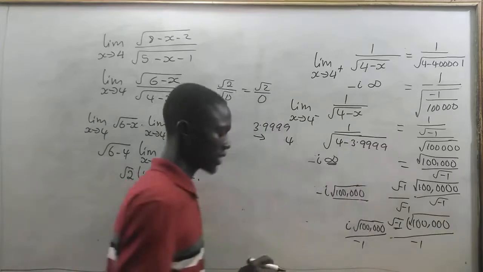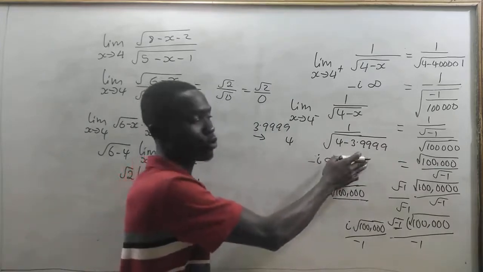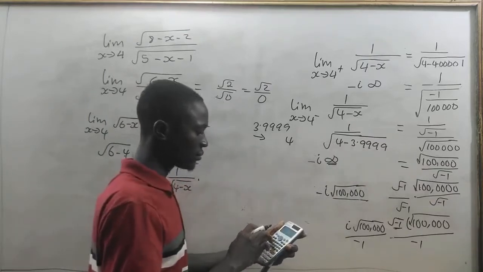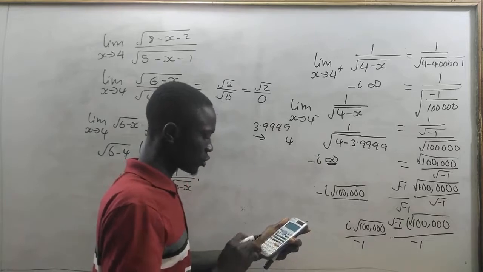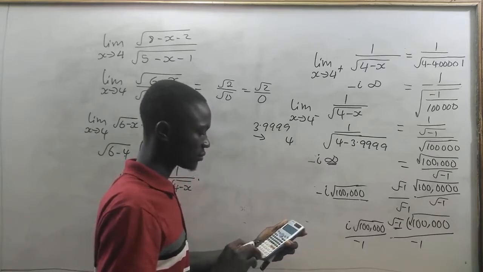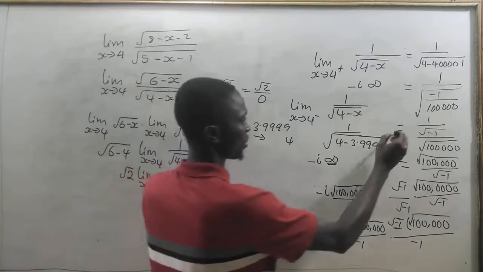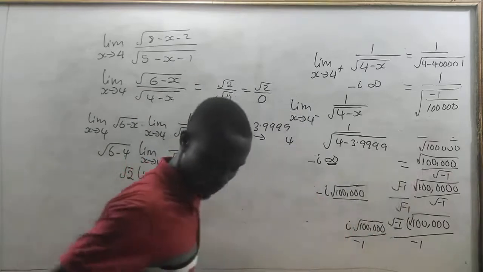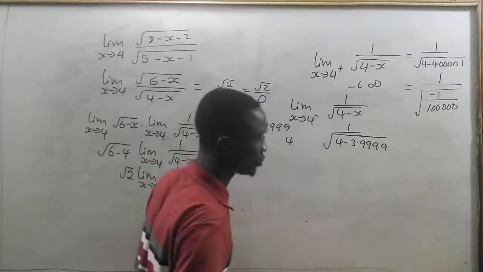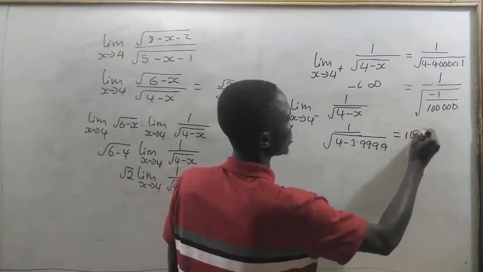So let's punch that one and see. This one, don't put it into complex mode because 3.9999 is less than 4. So you take 1 divided by the square root of 4 minus 3.9999. And that will give us 100. So this will give us 100.